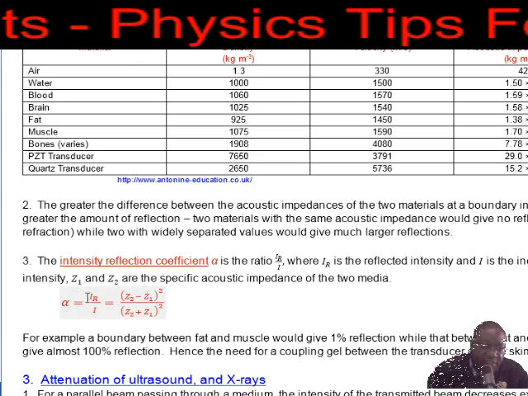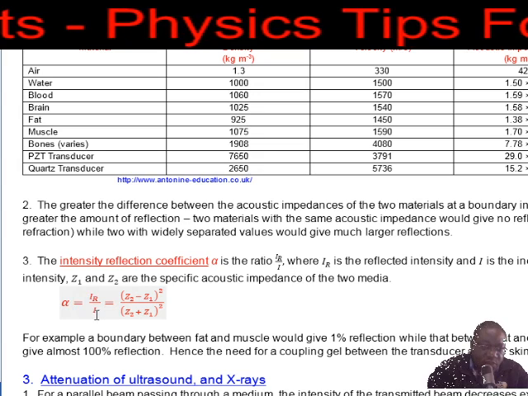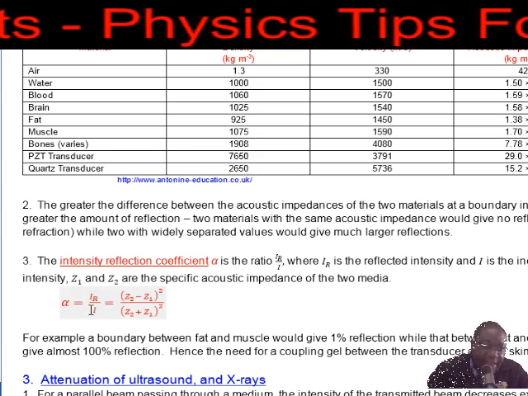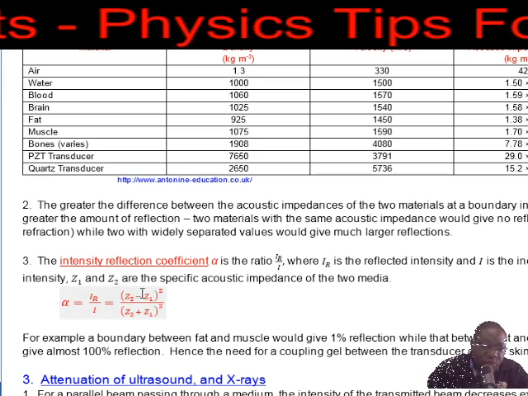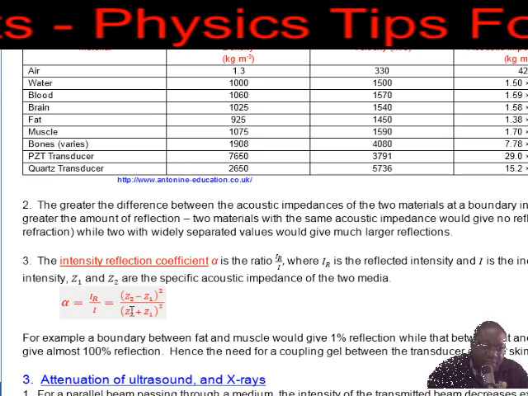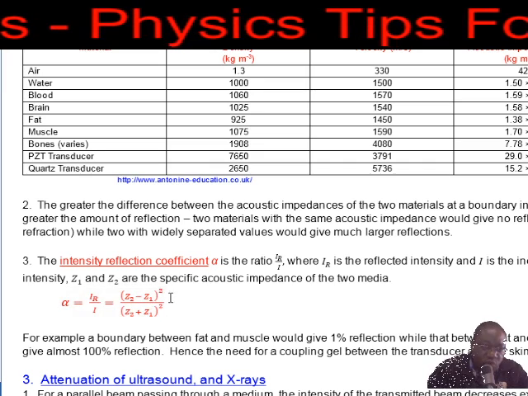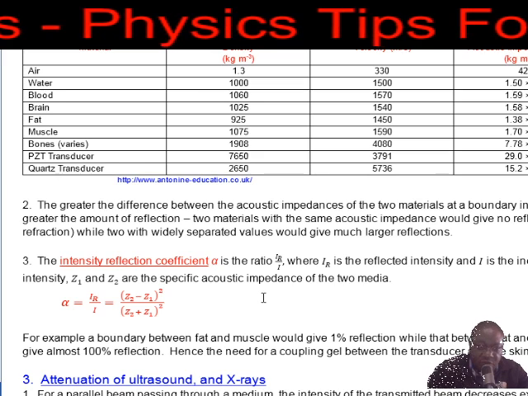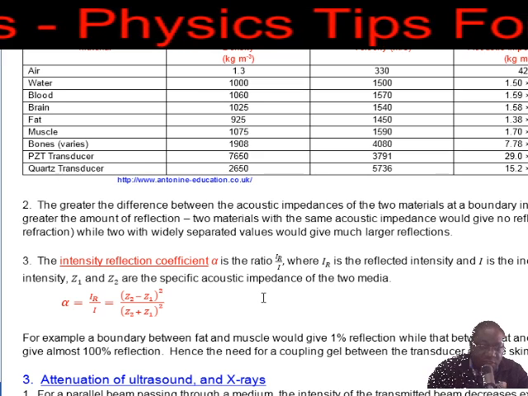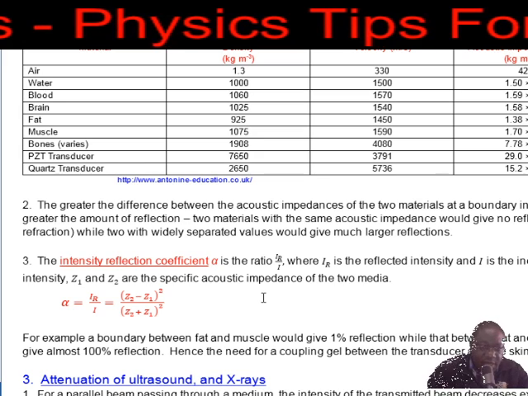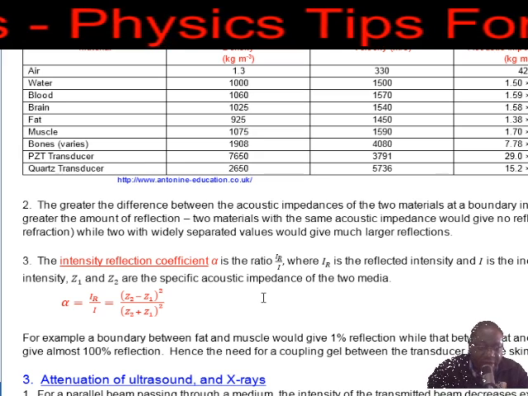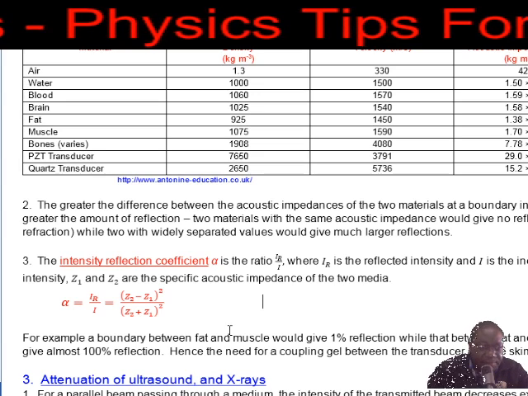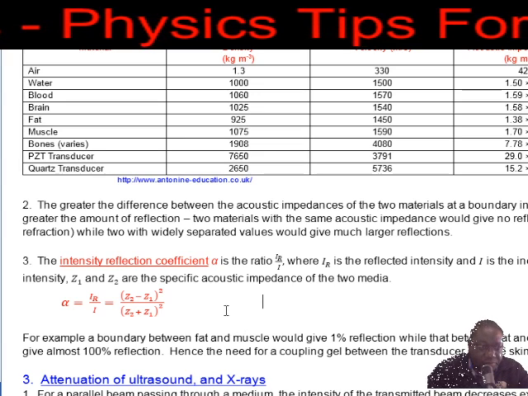So alpha is equal to IR over I, which is equal to (Z2 minus Z1) all squared divided by (Z2 plus Z1) all squared. So this will tell you the amount that is going to be reflected and the amount that's going to be transmitted, because you subtract from 1 if you are using a fraction.